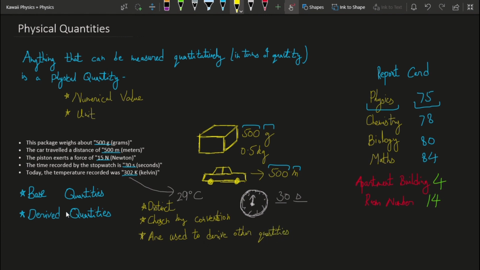These are the base quantities, and the second is the derived quantities. As from the word derived, you know that these quantities are derived on the basis of other quantities, mostly base quantities.